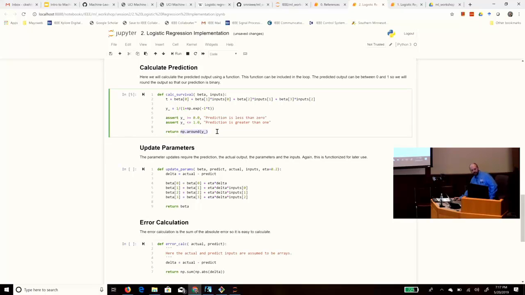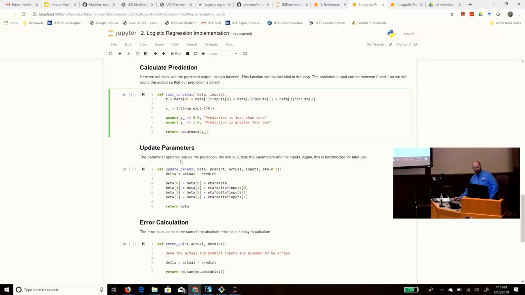Yeah, okay. np dot a round, so the numpy package, a round function, and you pass in the y underscore parameter we calculated, okay? And the rounding just takes it up or down, 0 or 1. Make sense? Yeah. Okay.